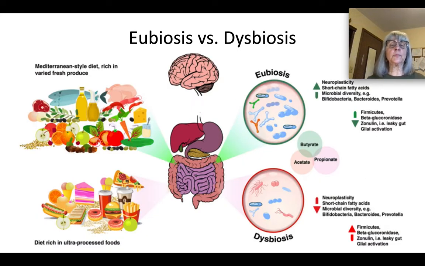So anyhow, I'm going to finish with this. We have two states of health and unhealth, and we're talking about the gut here. We have eubiosis versus dysbiosis. Eubiosis is the state of health, of homeostasis.